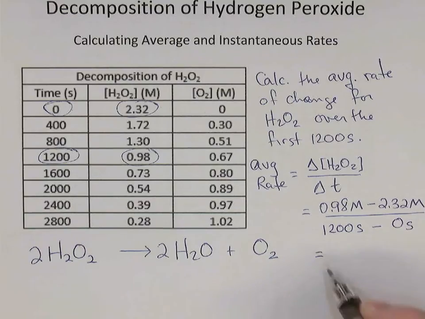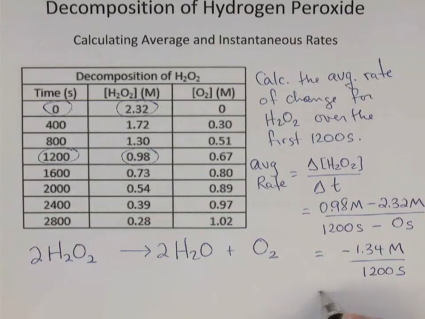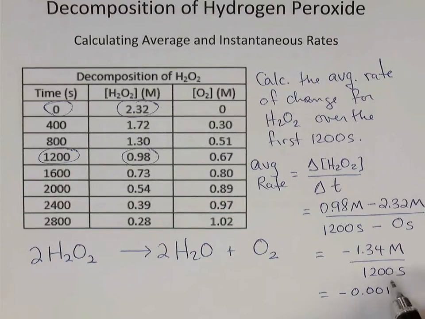So with a calculator, 0.98 take away 2.32 gives me negative 1.34 molarity on top over 1200 seconds on the bottom, and then dividing, we get negative 0.00112, I'll keep 3 significant digits.